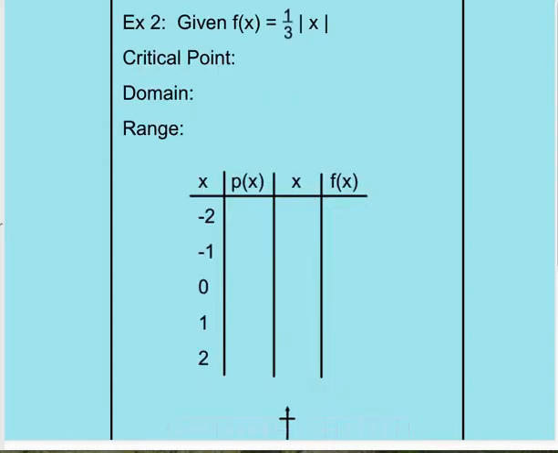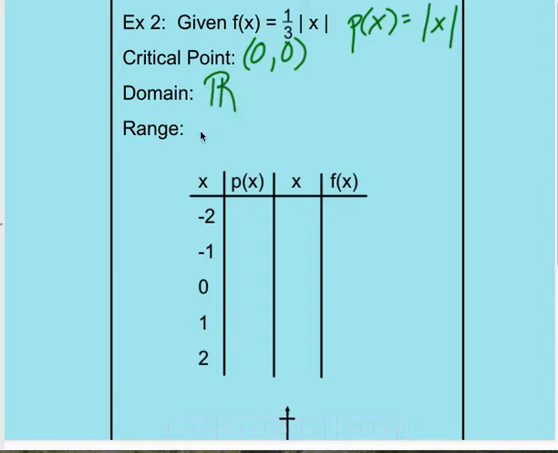Now we're going to look at a vertical compression. We're looking at multiplying by a third. Our parent function is the absolute value. So have that V in mind as we're graphing this one. Critical point doesn't change with just a stretch or compression. Domain, you can still take the absolute value of all real numbers.